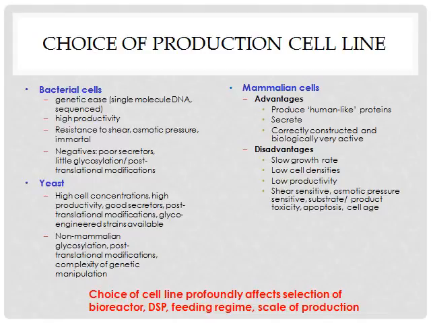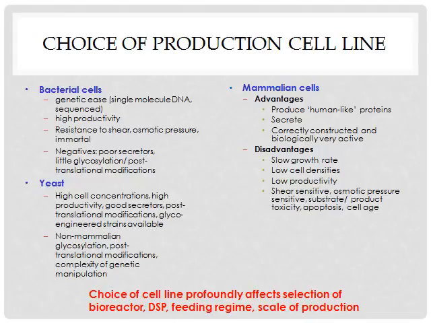However, they have certain negatives. They are poor secretors. They have little or no glycosylation or post-translational modifications. One can use yeast. They have the advantage that they can grow at high cell concentrations. They're high productivity. They're good secretors.